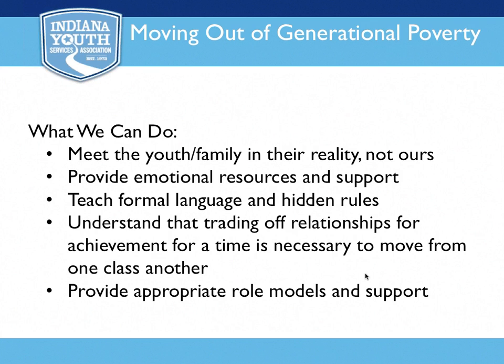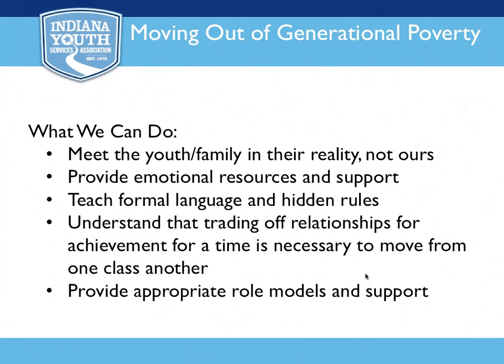And I think it's important that we understand that trading off relationships for achievement is going to be necessary over time. They may feel the need to cut ties with folks who may still be in generational poverty, and focus on achievement and education to make that shift.